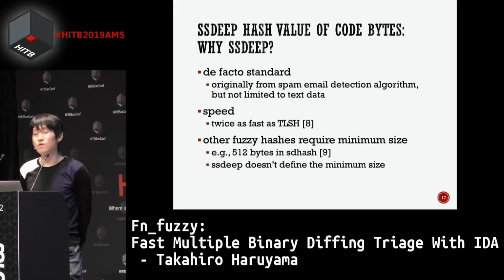It's twice as fast as TLSH. Third, ssdeep does not require a minimum size for input data. On the other hand, for example, sdhash requires 512 bytes for input. ssdeep does not define the minimum size, though it outputs a warning.